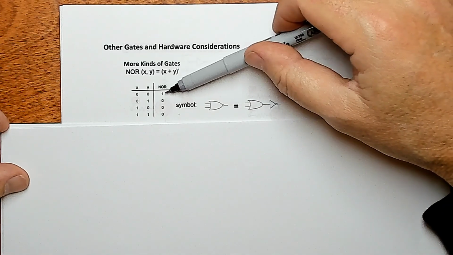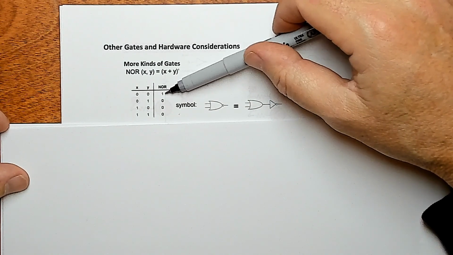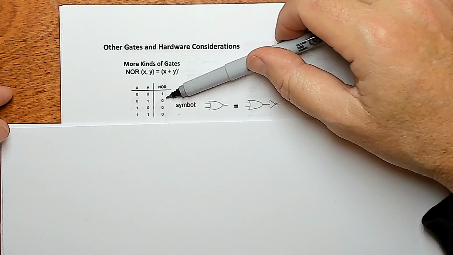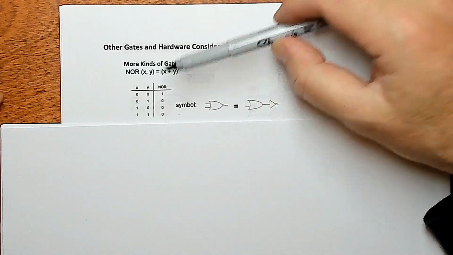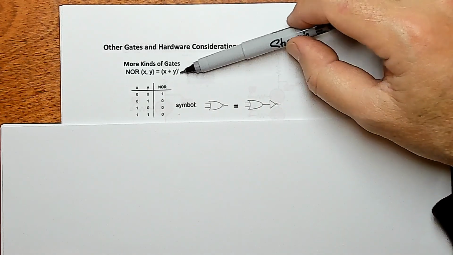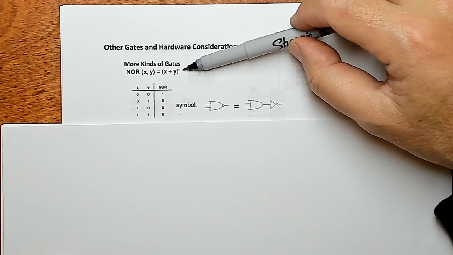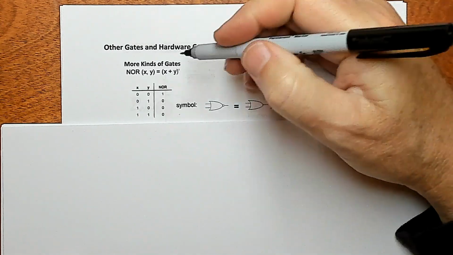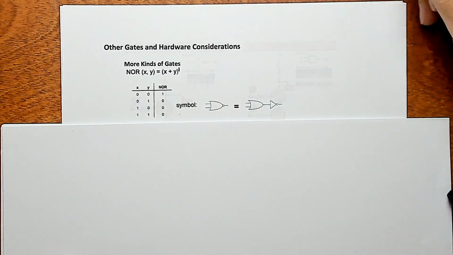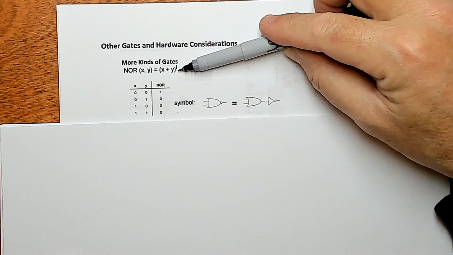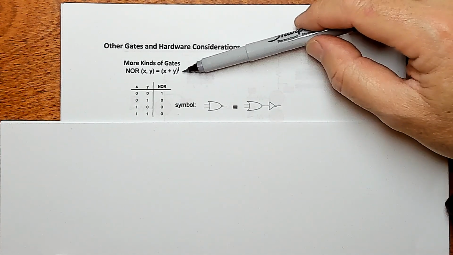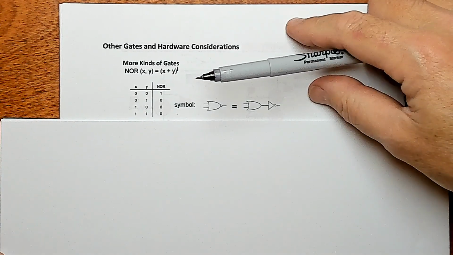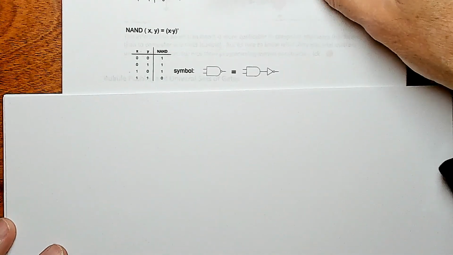So instead of the output column of or here, you have those bits reversed. Okay, so we call that nor. We don't have an algebraic symbol for it. We just use parentheses around the or and then stick a not on the end. So this is just the kind of gate that one could make if one were so inclined. I'll show you why in a minute. Why we might need that.